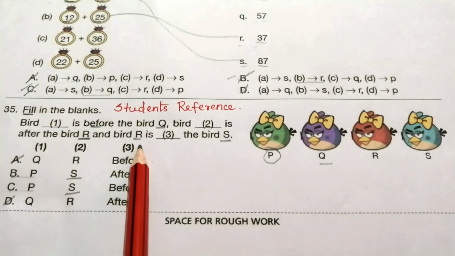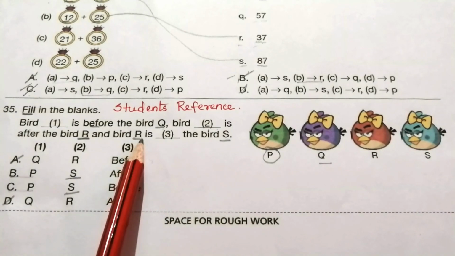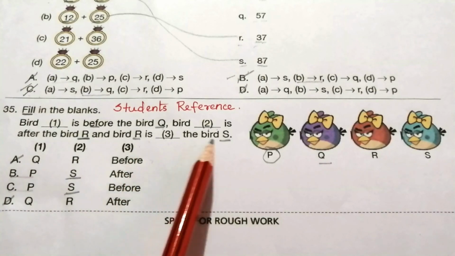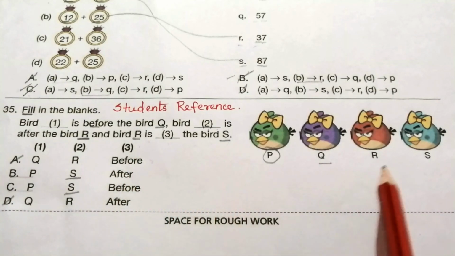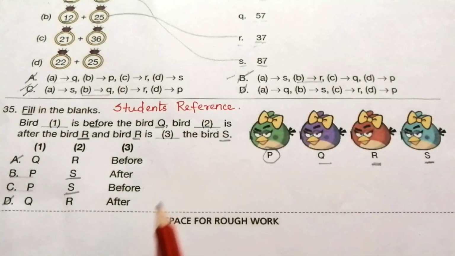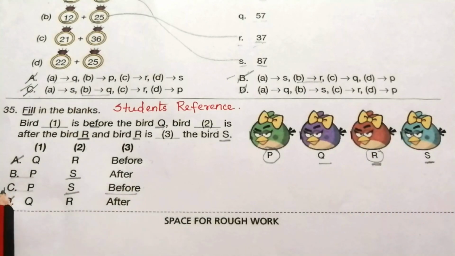We are going to check the third option. Third question is bird R is dash the bird S. So it means before or after. R is before S. So the answer is C, before.